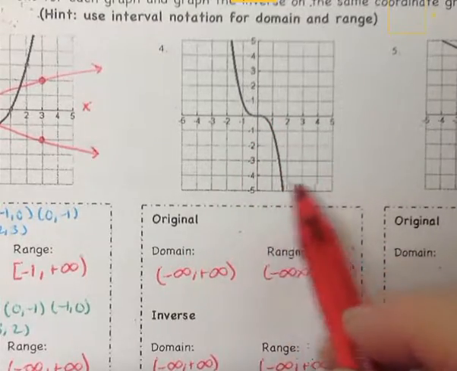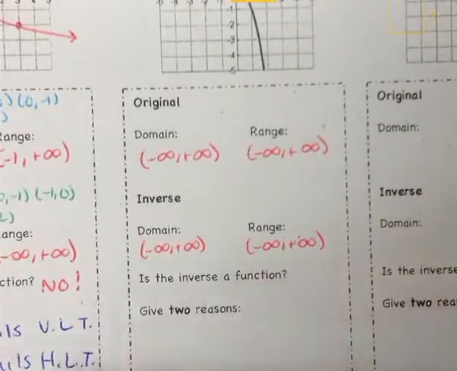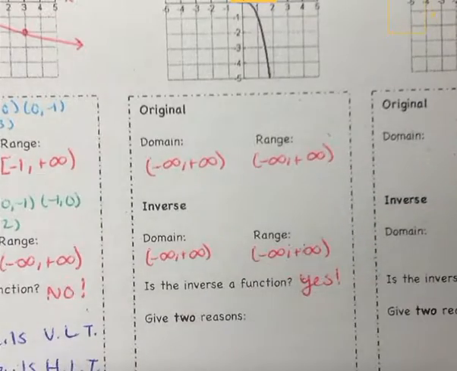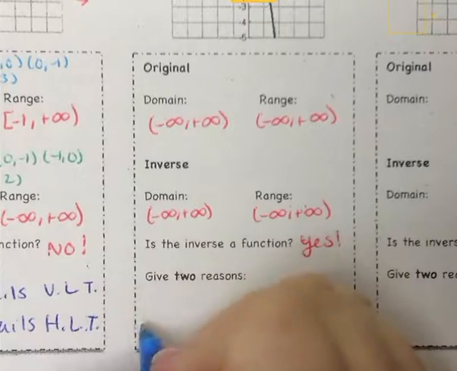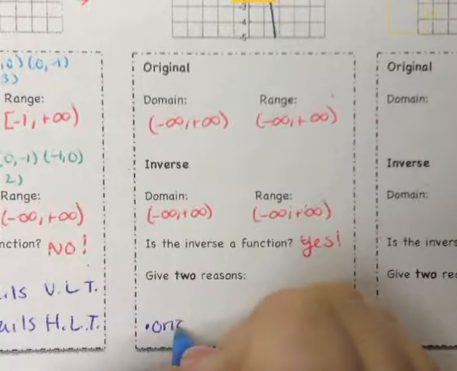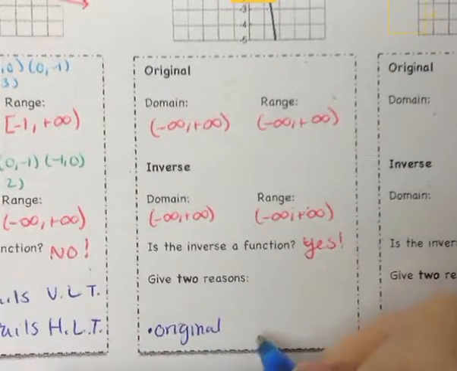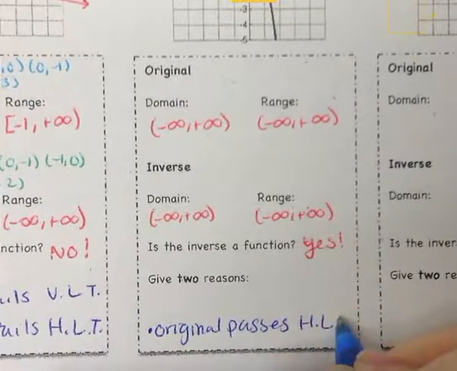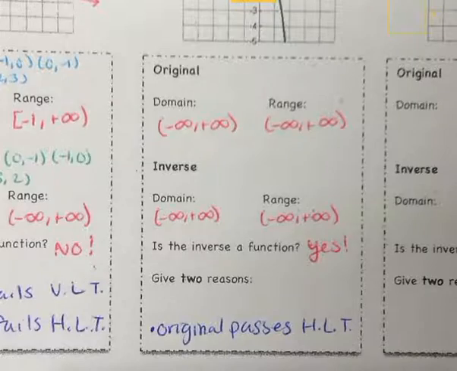This would also pass the horizontal line test. So the inverse is a function. And again, one of the reasons is because the original passes the horizontal line test. That lets you know if the inverse is a function.